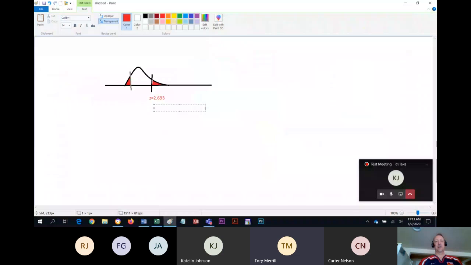Yes, 1.55 is in between those two numbers. 1.55 was my t-score that I calculated with x bar minus mu over s over the square root of n. So the area to the right is in between those two numbers.